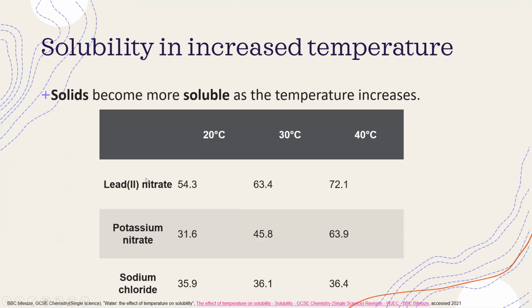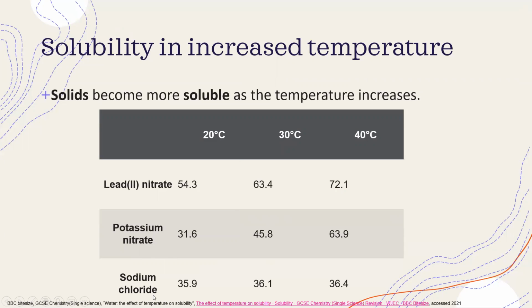So as you can see, we work this out where lead nitride starts off at 54.3 solubility and increases all the way to 72.1.